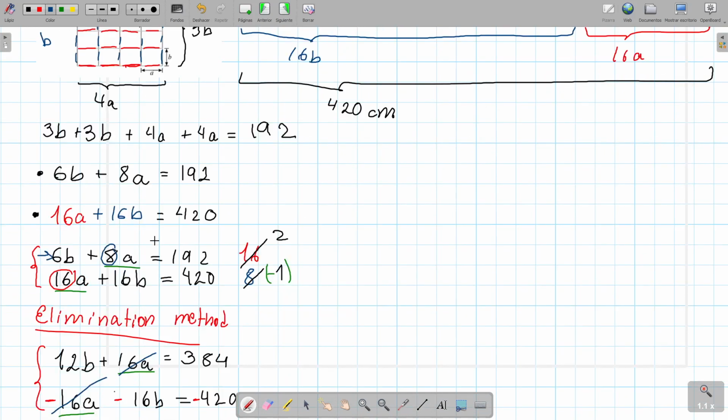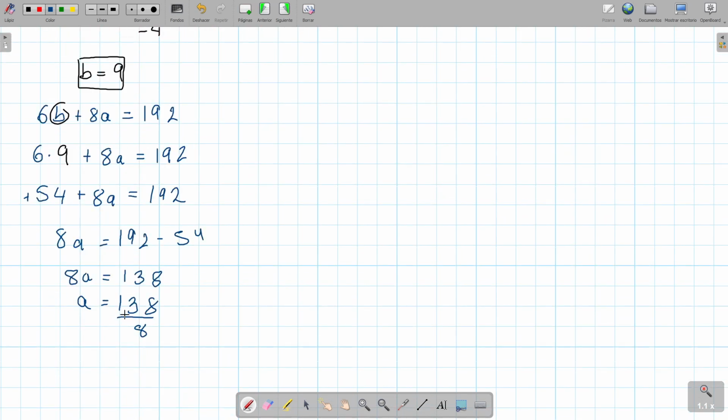We have 8, 6, 192, 16, 16, 420. Oh, no, that's the answer. So the answer is correct. I thought it was not correct. So the answer is going to be 138 over 8, which is 17.25.